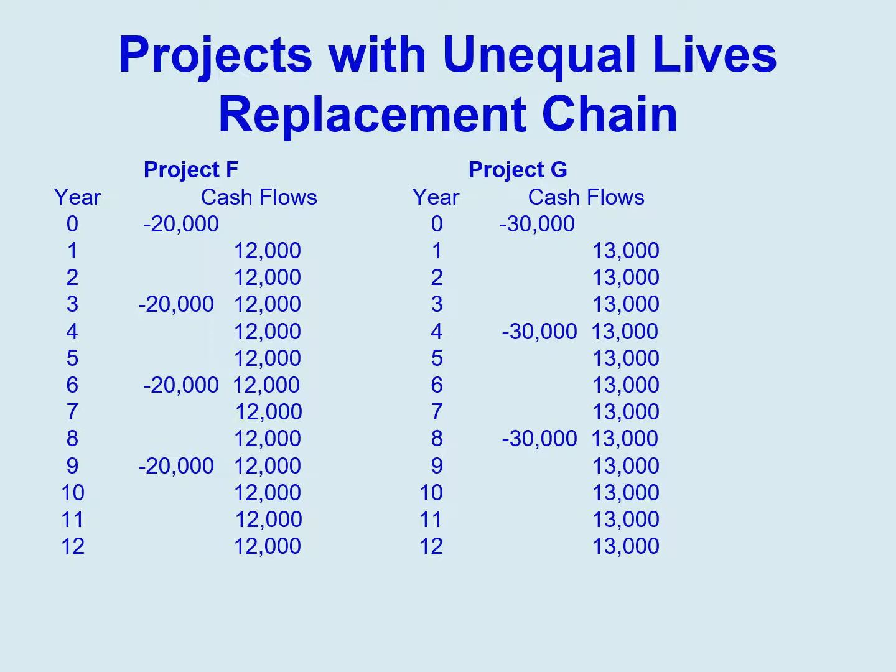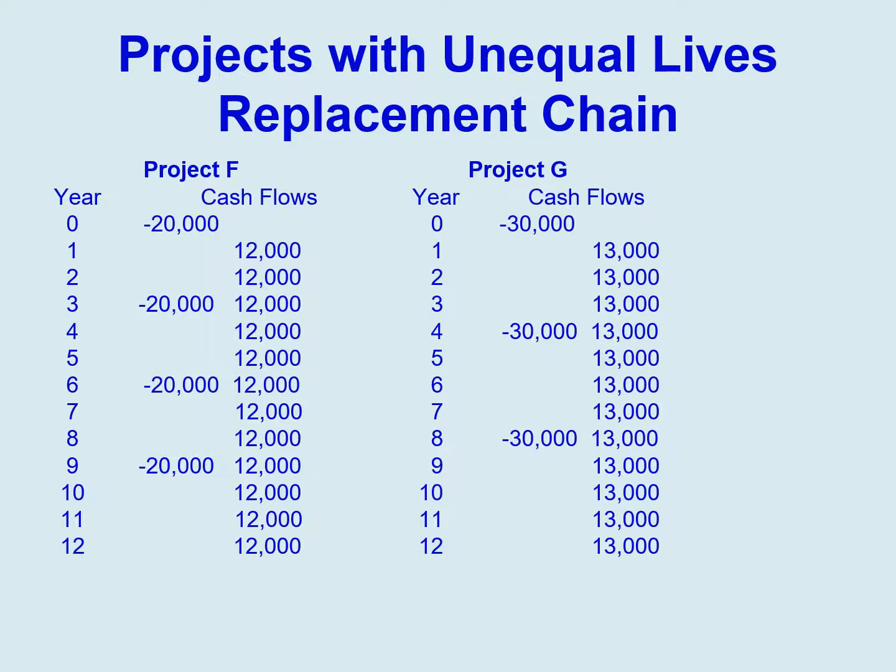So we're going to assume that we invest in both of these projects for 12 years, which would mean that we would have to invest in Project F 4 times and Project G 3 times, because with Project F you're investing every 3 years, and with Project G you're investing every 4 years. Then we could run a simple NPV based on those cash flows. You're going to have to discount the net investments as well as the positive cash flows coming in.